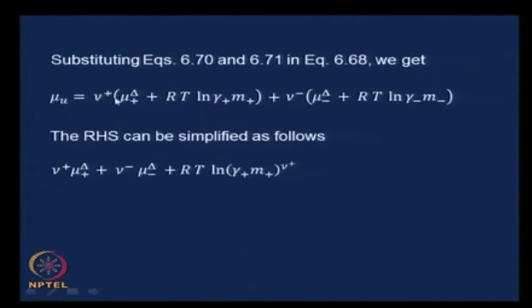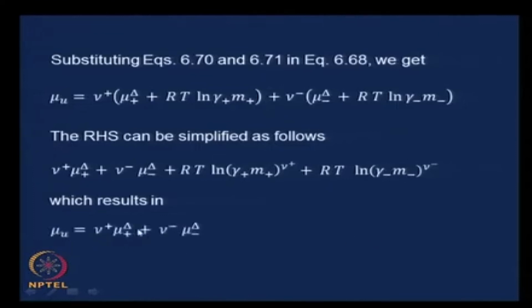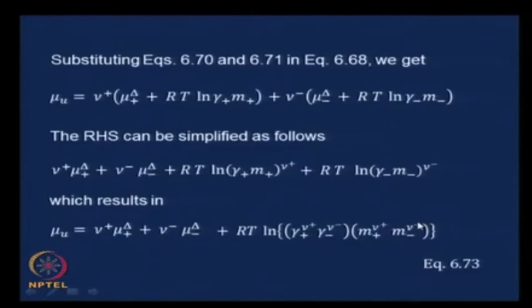There is a ln here, there is a nu plus here, therefore, if it is taken inside the ln, it becomes a power, therefore ln of gamma plus m plus to the power nu plus, plus RT ln gamma minus m minus raised to the power of nu minus, just a rearrangement, which would result in nu plus mu plus triangle plus nu minus mu minus triangle plus, there are two logarithmic terms here added together, and the addition of logs is the log of the products, and therefore plus RT ln gamma plus raised to the power of nu plus gamma minus raised to the power of nu minus m plus raised to the power of nu plus m minus raised to the power of nu minus, equation 673.